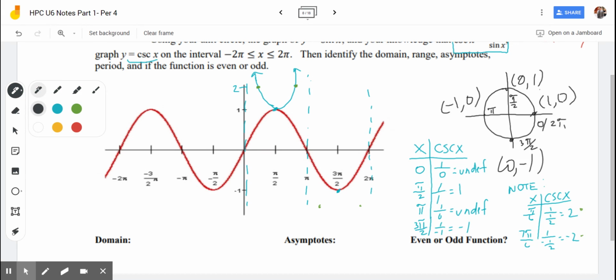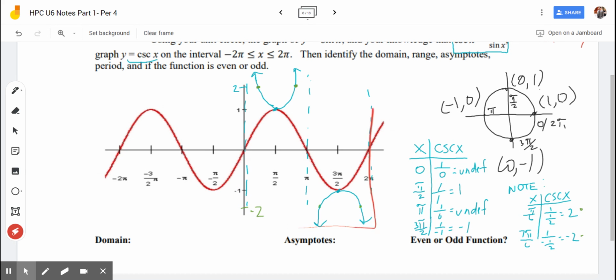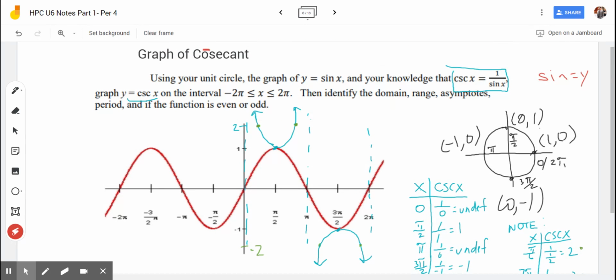And in quadrant 4, it'll also be negative, so if we flip it, we would have that value also at negative 2. So from 0 to 2 pi, the upward facing parabola and the downward facing parabola are one period of cosecant.